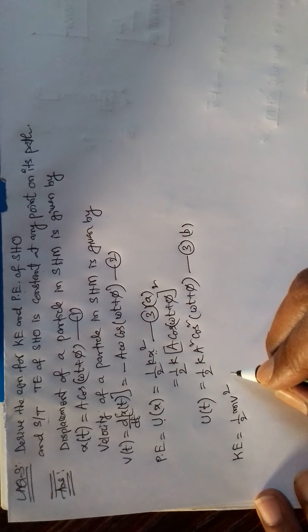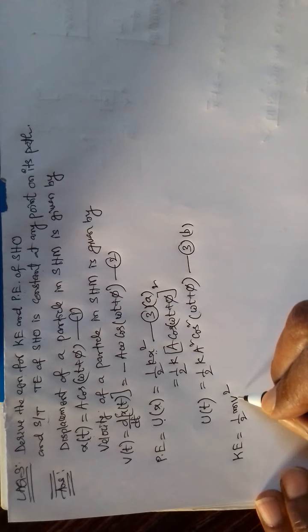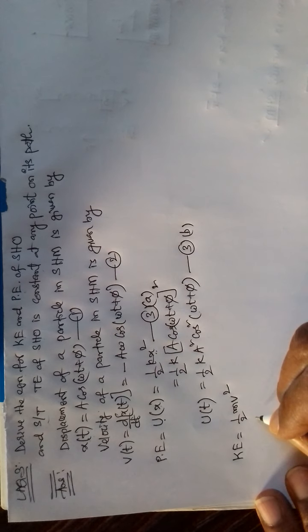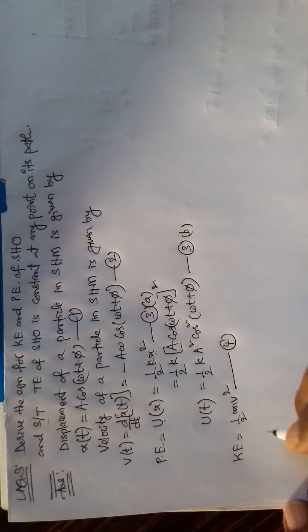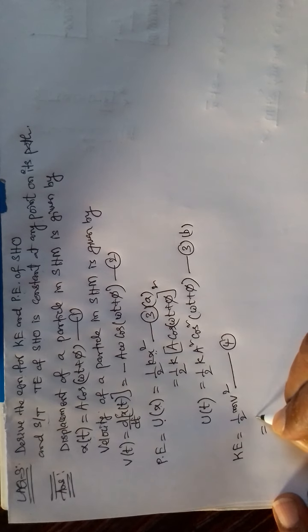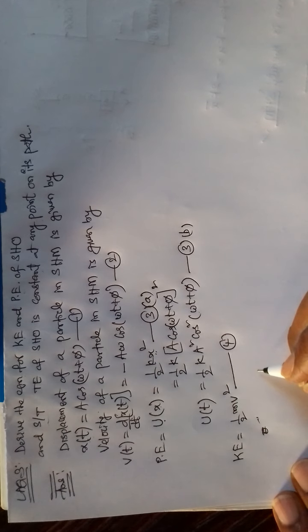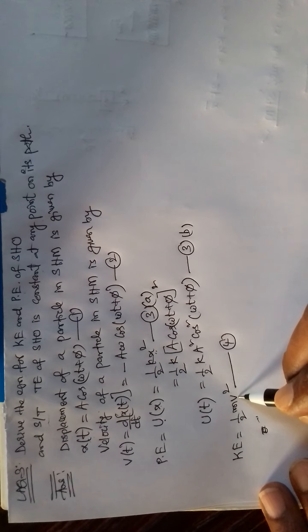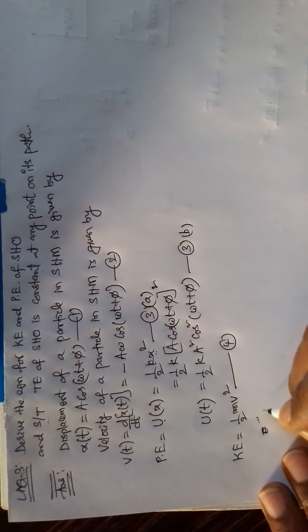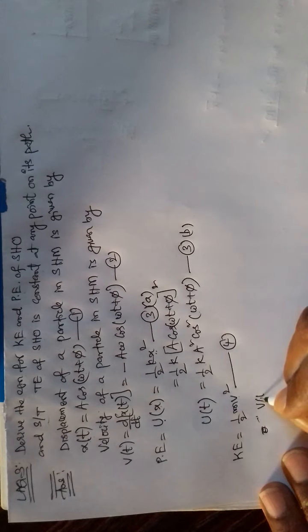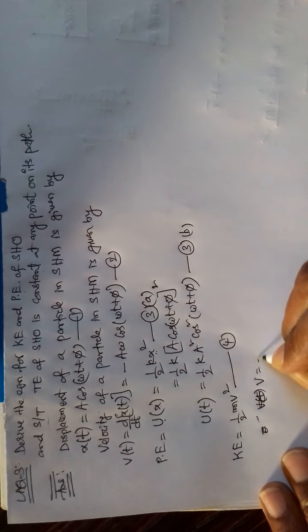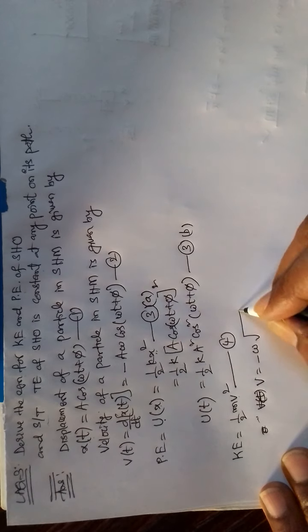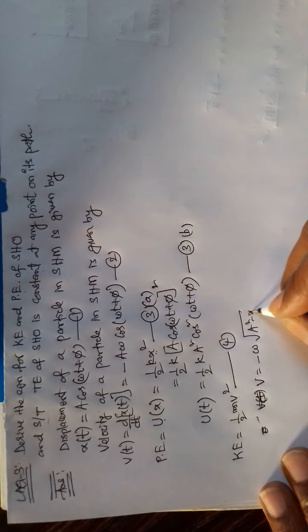So in place of v, if we substitute, suppose this is fourth equation, and here we have derived an expression for velocity previously, and there we got v is equal to minus omega under root a square minus x square.